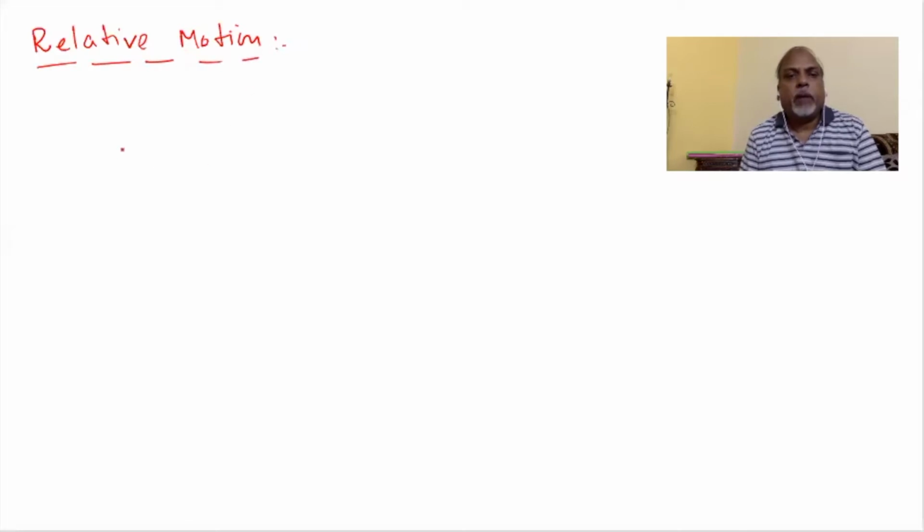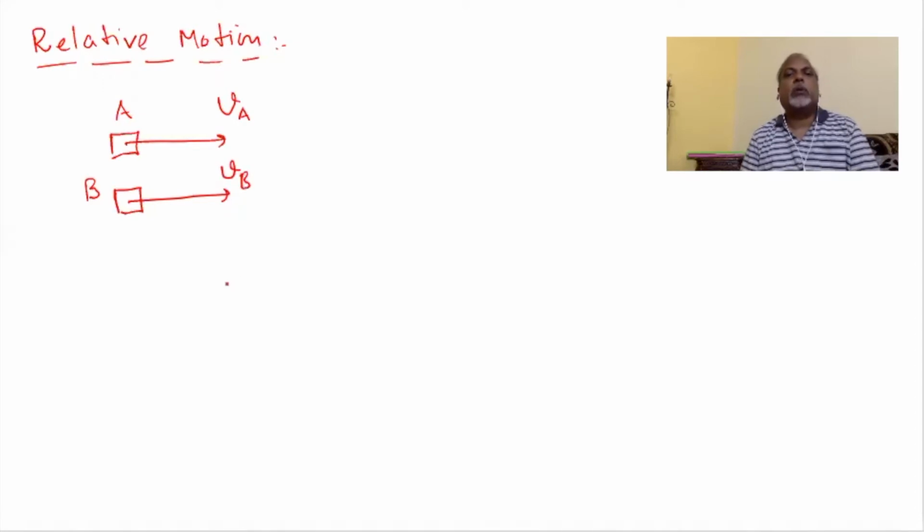Like suppose you have a car A moving like this with velocity VA. Another car B is there, and its velocity is VB, suppose.